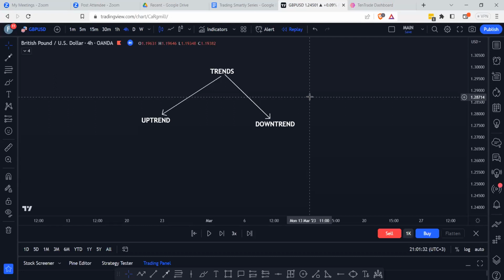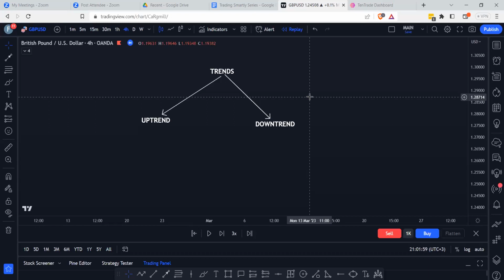Simple. Now, why are we talking about trends? What is the importance actually? The importance is simply to know the strength of the market. We want to have an understanding of the momentum of price. Because as a retail trader, you want to trade with the momentum that is in the market.